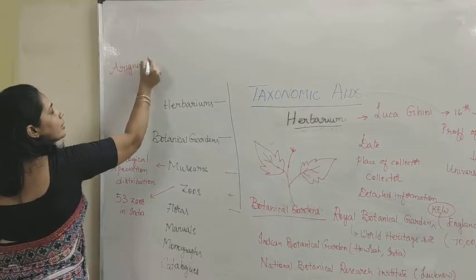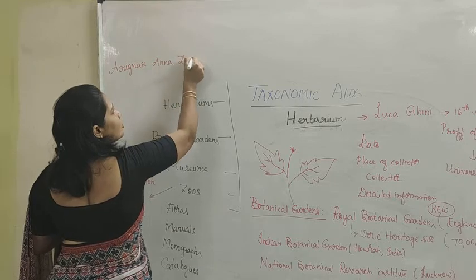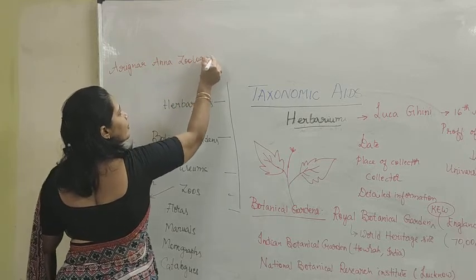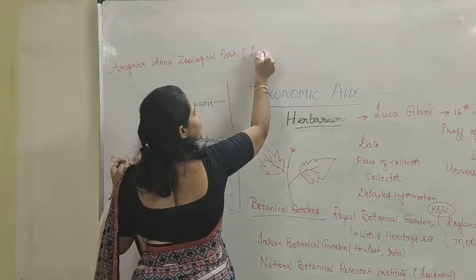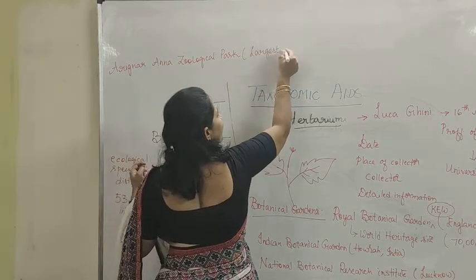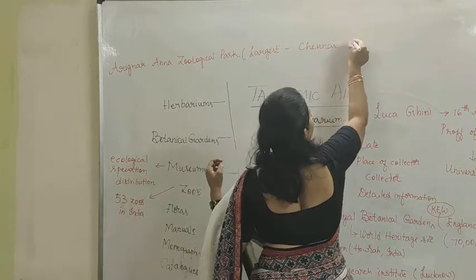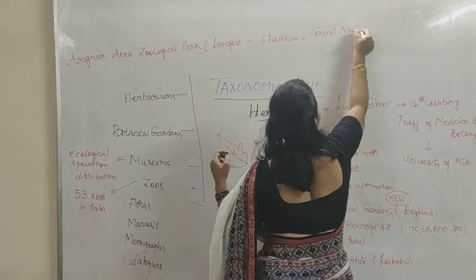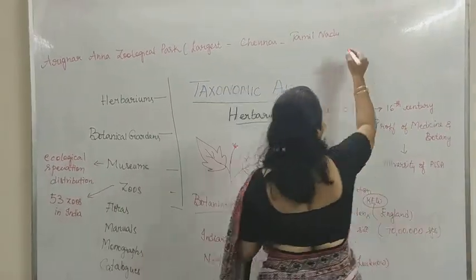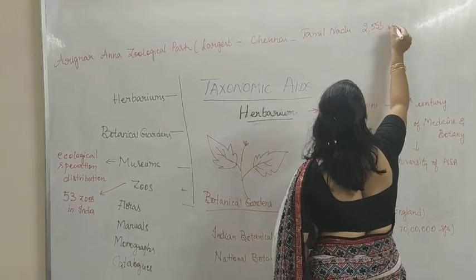Arignar Anna Zoological Park, this is the largest one, which is there in Chennai, Tamil Nadu, which lodges about 2,553 species.